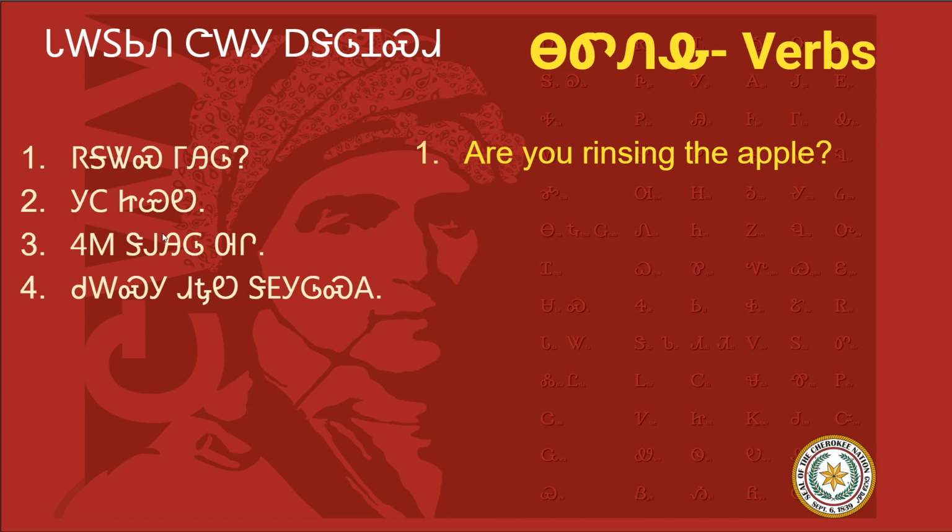Okay, let's do the second one. I'll give you just a few minutes to see if you can read it in Cherokee and then translate it to English. See if you can do it on your own.